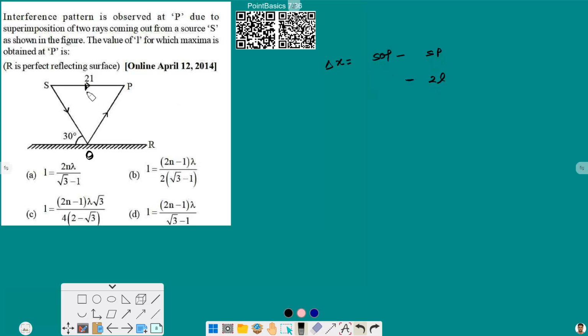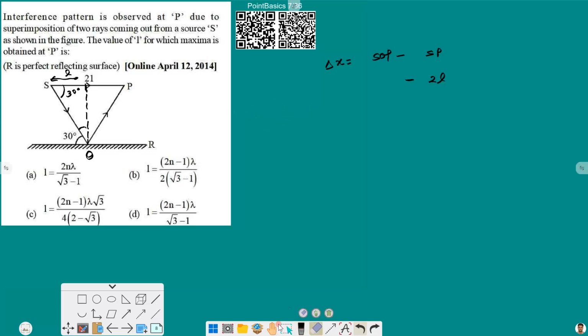For that, we can draw a perpendicular here like this. Now this distance will be L, and this angle is 30, this is 60, so this will be 30. So SO will be equal to L cos 30, oh sorry, correction here, because SO is the hypotenuse, so we have to take it accordingly.